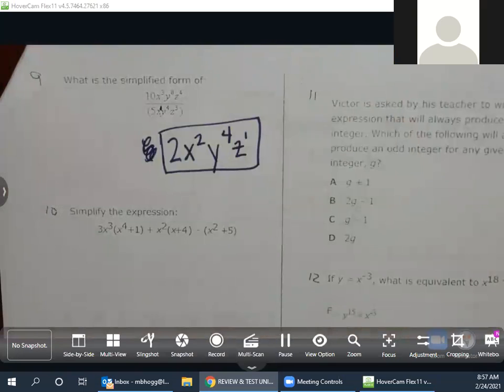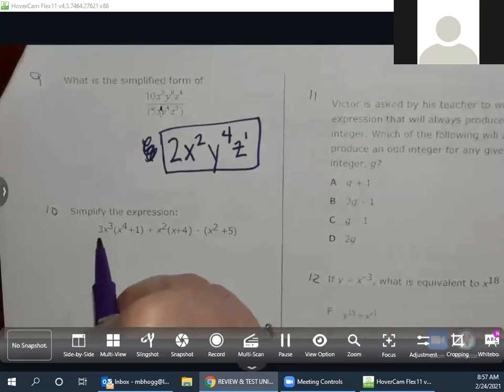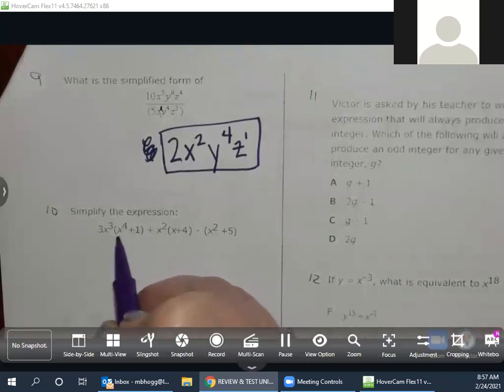All right. Says simplify the expression. Oh, yeah, this is some fun distributing. Okay. So let's just start at the very first. We're going to distribute this whole 3x to the third inside, multiply it by each thing inside this parentheses.